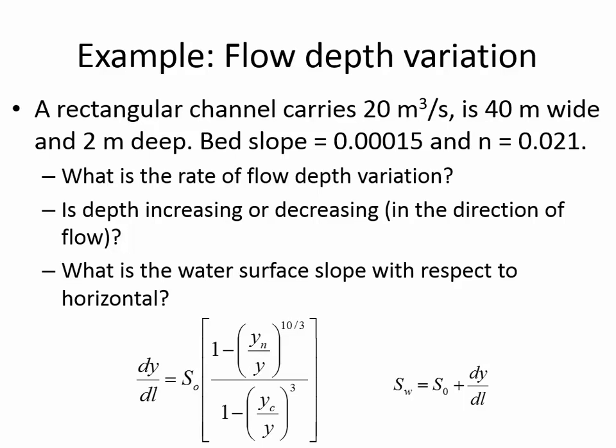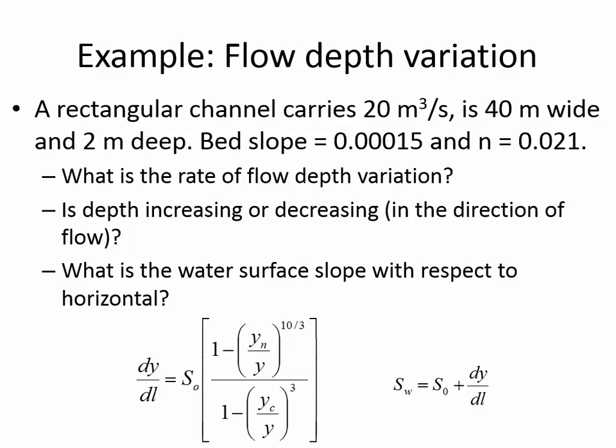And again, mild slope means conditions will be subcritical under uniform flow. But this isn't uniform flow. Here, from the sign of the dy dl, that's a positive sign, so that tells us that the water is getting deeper in the direction of flow. That's the interpretation of it. So what is the rate of flow depth variation?